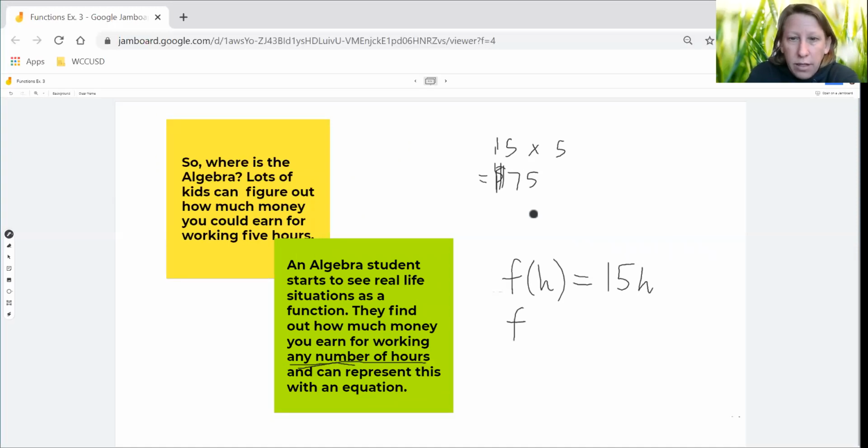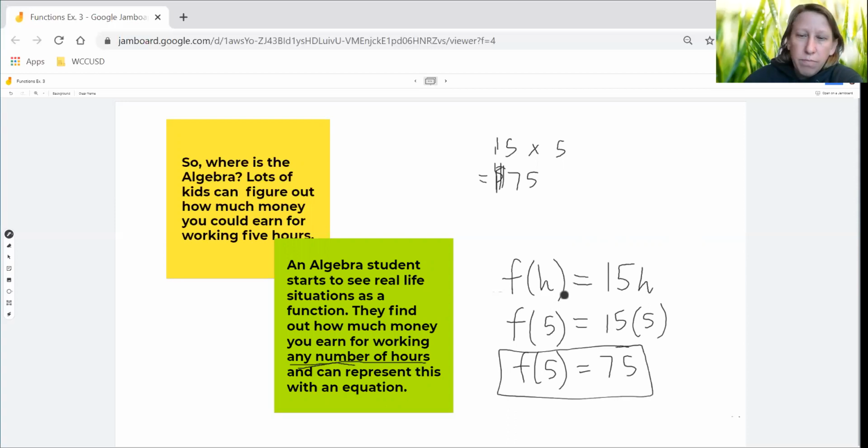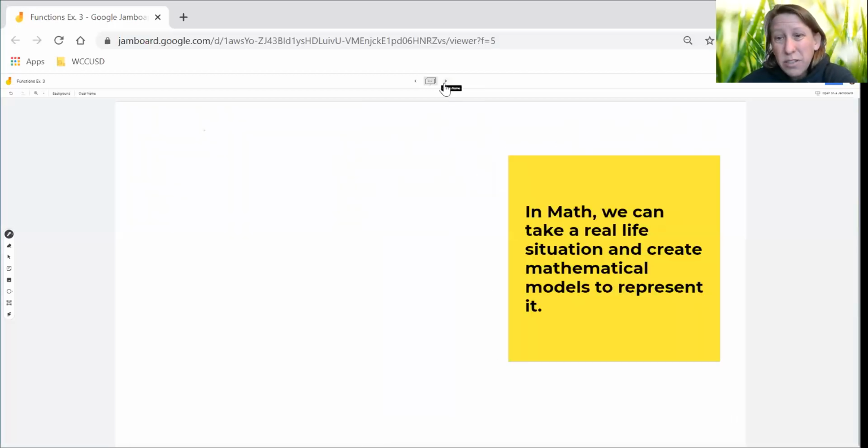And they could model it with the function. So for 5 hours of work, when 5 goes into the function, f of 5 equals 75. This is how an algebra student could write the same problem. And they would know that you could put this point on a graph, and you can make a table of values to show this situation. So in math, we can take real life situations and create mathematical models to represent them.